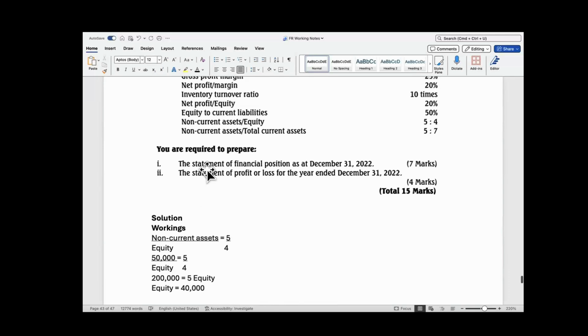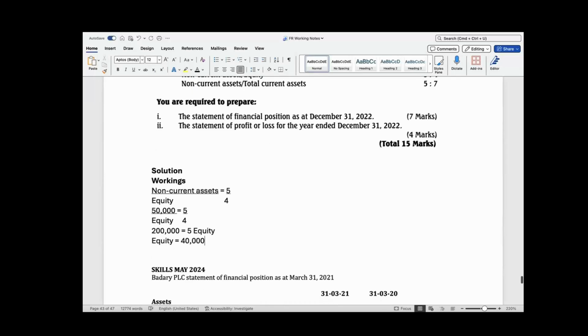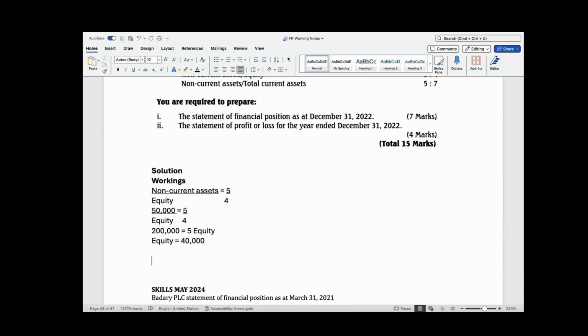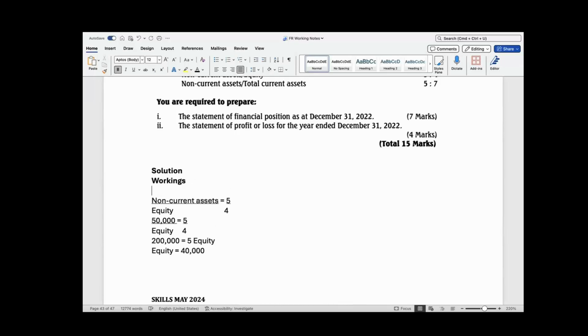I can also quickly get my total current assets by using the ratio of non-current assets to total current assets, which equals 5/7.